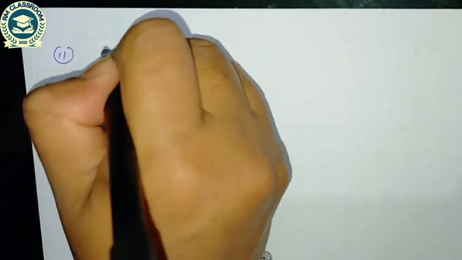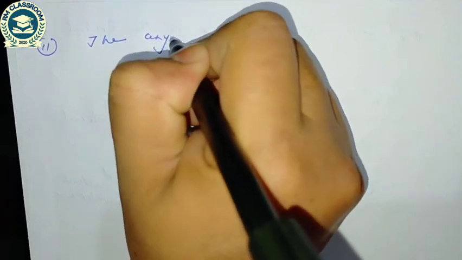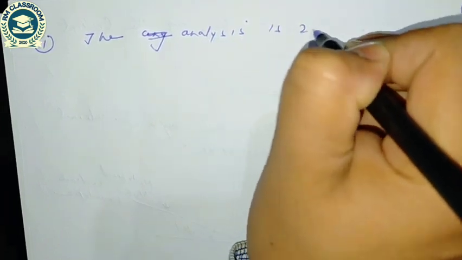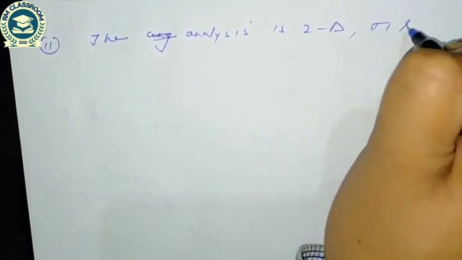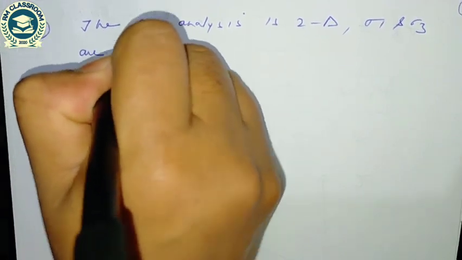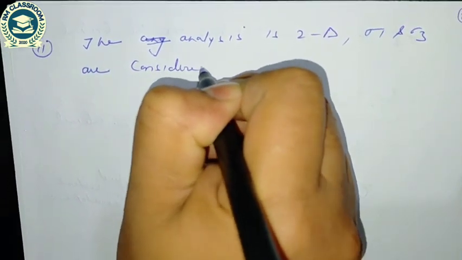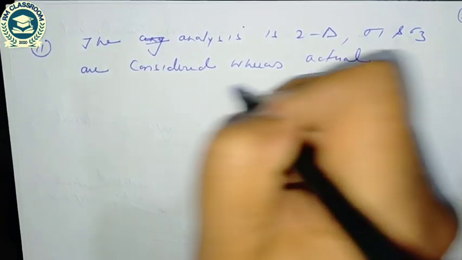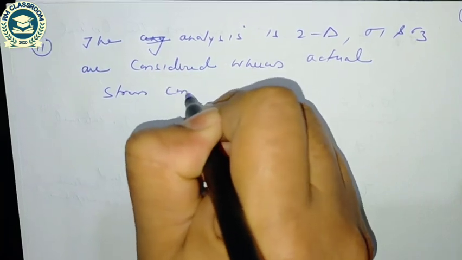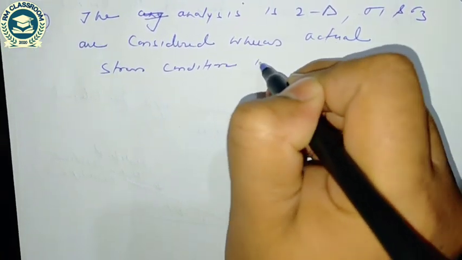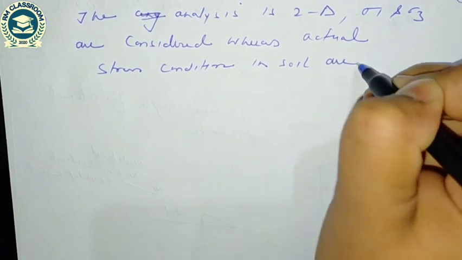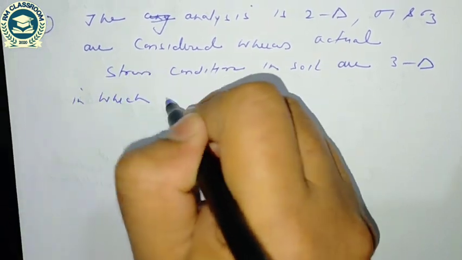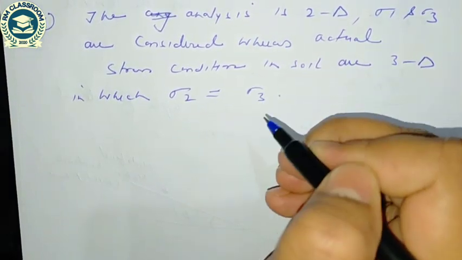So the second limitation: the analysis is two-dimensional, that is sigma 1 and sigma 3 are considered, whereas actual stress conditions in soil are three-dimensional, in which sigma 2 is equal to sigma 3.